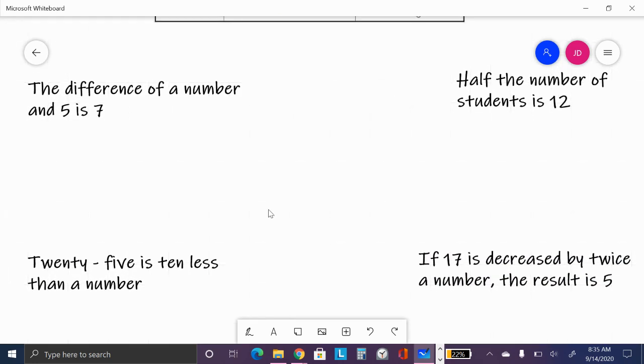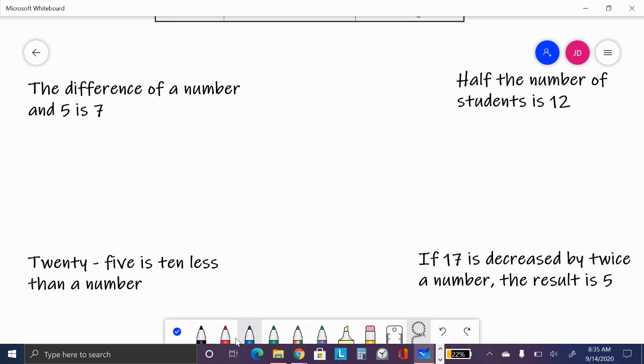All right, so now that you have written all those verbal expressions down and the keywords, we're going to translate some of these verbal sentences into equations using the keywords from the diagram above. The first one: the difference of a number and 5 is 7. So I'm breaking it down. Difference is a keyword that I know.